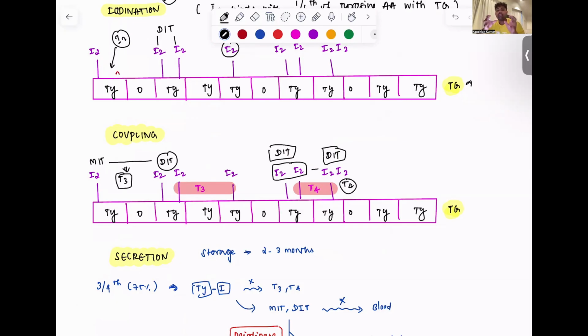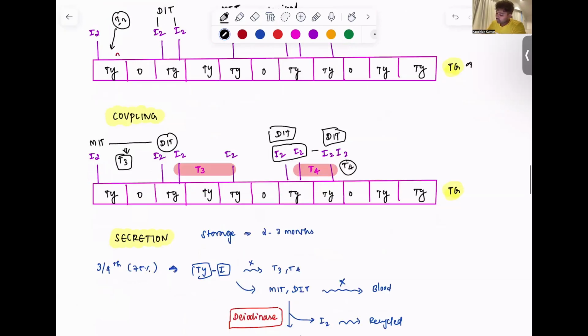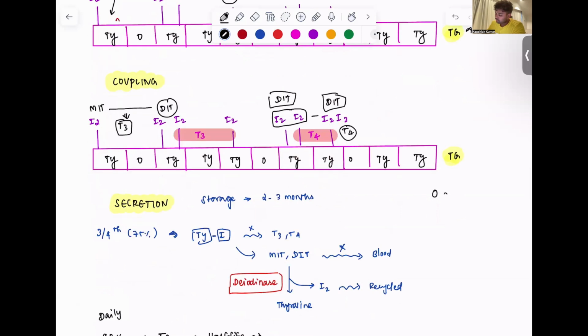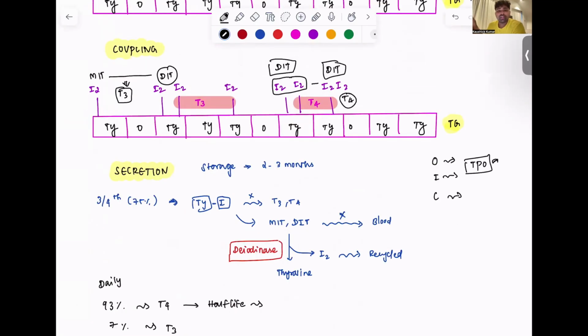This process of coupling MIT and DIT, and DIT and DIT together, is called coupling. So far we have seen oxidation, followed by iodination, followed by coupling. All these three processes are done by a single enzyme called thyroid peroxidase. The final step is secretion.